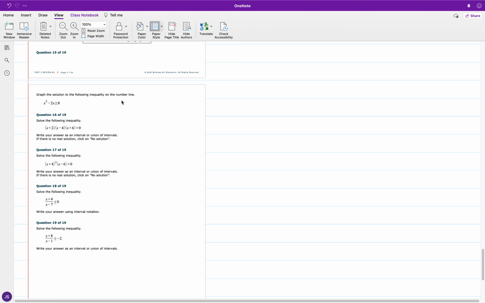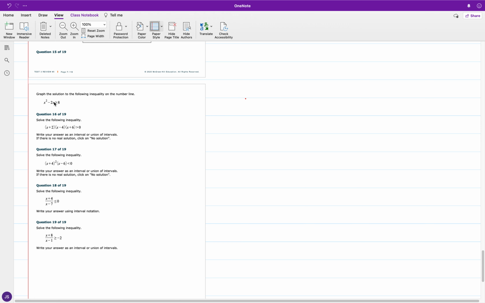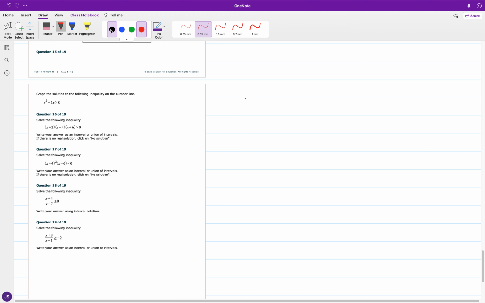In the case of 15, it says here to graph the solution to the following inequality on a number line. You have x squared minus 2x is greater than or equal to 8.